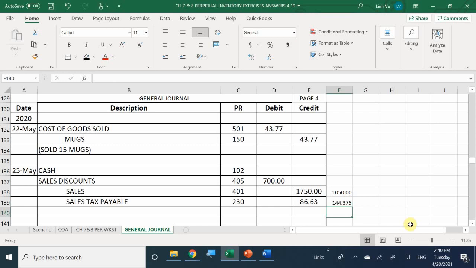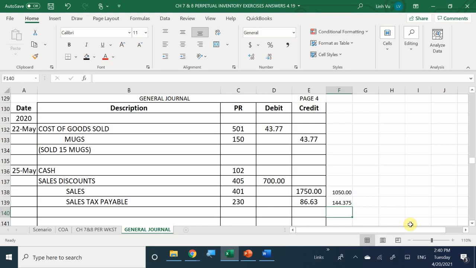So in reality, we didn't collect all 1750. We only collected whatever that minus the discount is, which I've already calculated to be 1050. Okay? So in this case, you can only charge tax on the actual amount of sales that you sold.